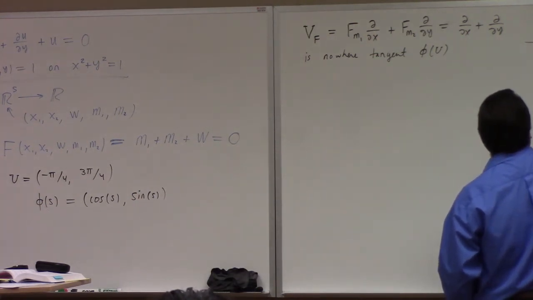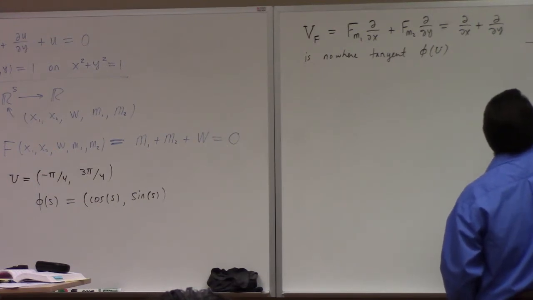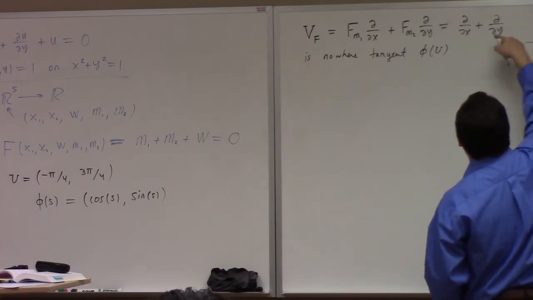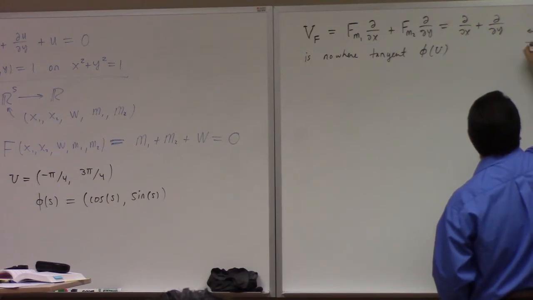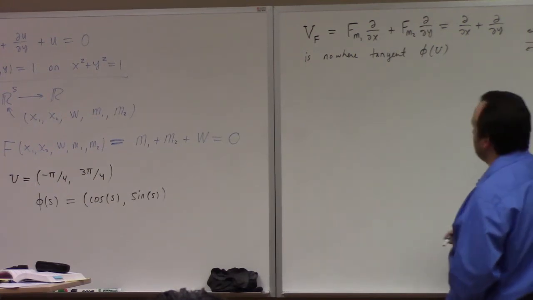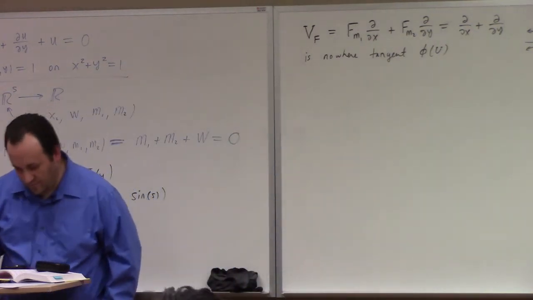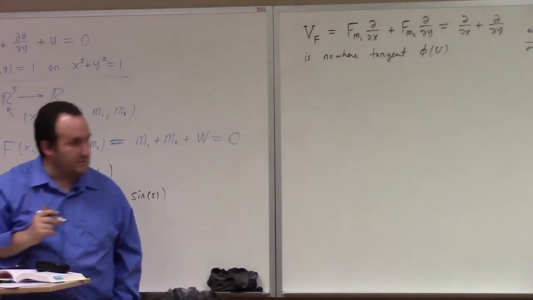Anyway, there's the parameterization, and this partial x is like that, right? So it's nowhere tangent. I still don't know why we care about that. And we define g by g of s equals 1.